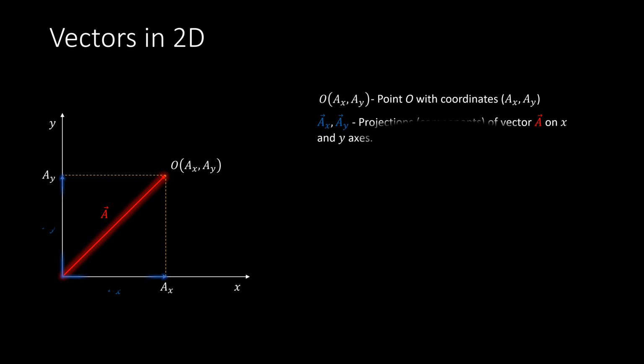Components of vector A, which are vector A_x and vector A_y, are projections or shadows of vector A on the x and y axes. It can be seen that vector A_x and A_y add to equal vector A using the law of vector addition.